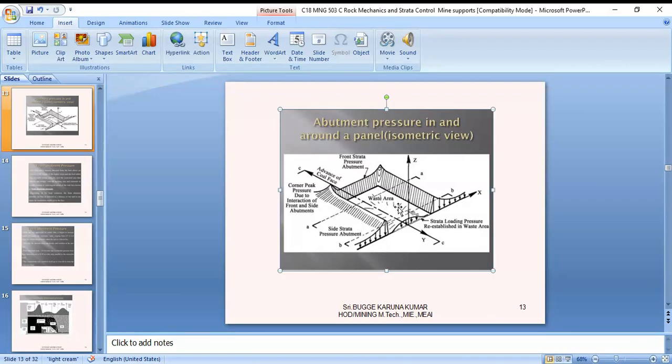So, abutment pressure in and around the panel, an isometric view is given.